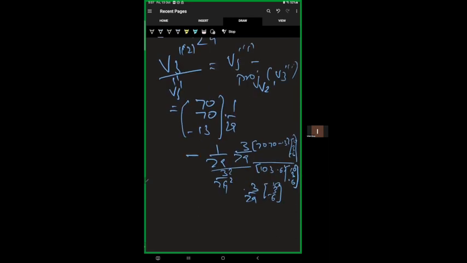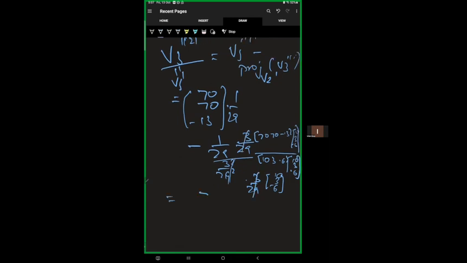Cancelling 3 by 29 we get 70 minus 13 into 1 by 29 minus 1 by 29 into this becomes 145, 700 plus 210, 910 plus 18, 928.